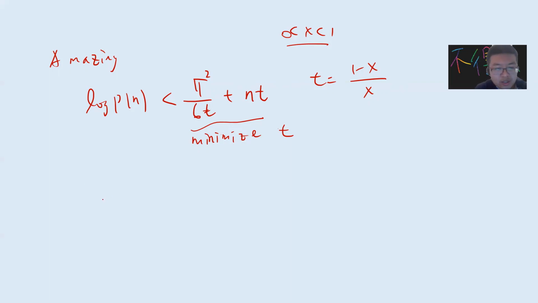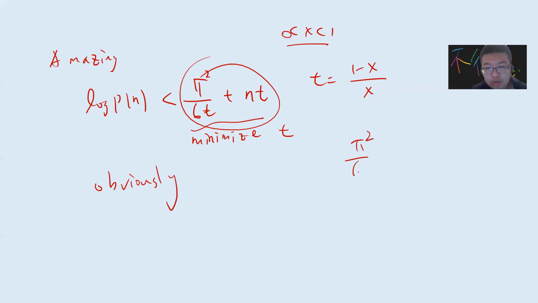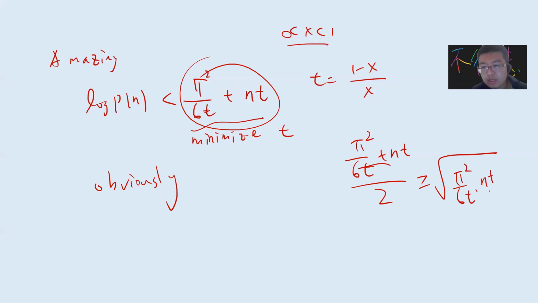Obviously this is trivial, because you can just take a derivative, or the simpler way is to use the arithmetic and geometric mean inequality. So pi squared divided by 6t plus nt, divided by 2, is greater than or equal to the square root of pi squared divided by 6t times nt, which is pi squared divided by 6n.